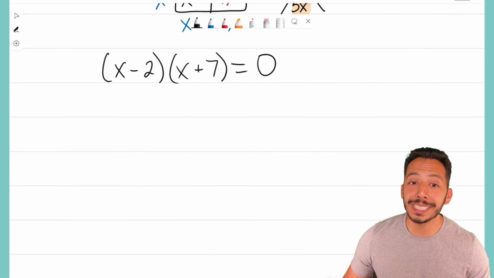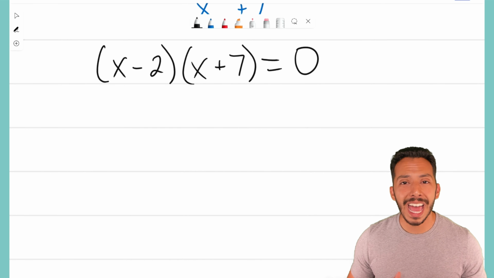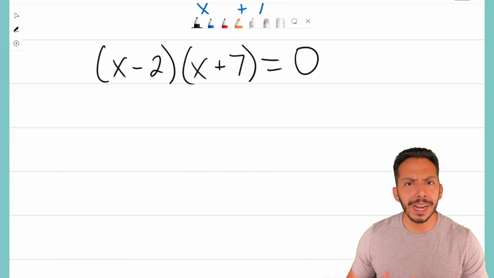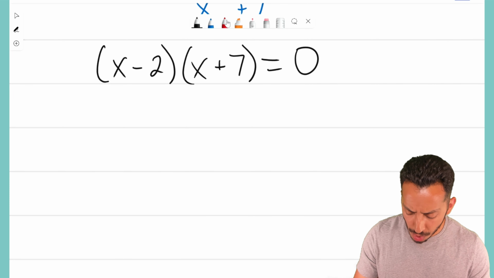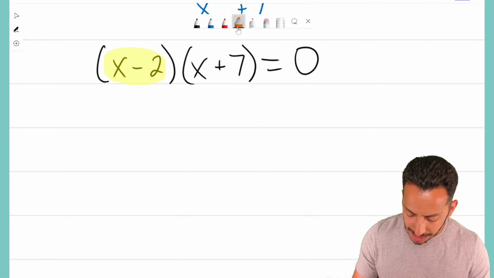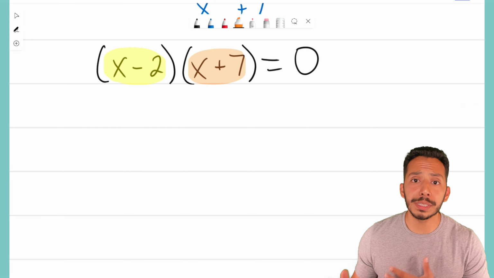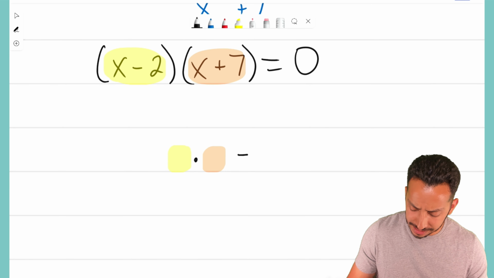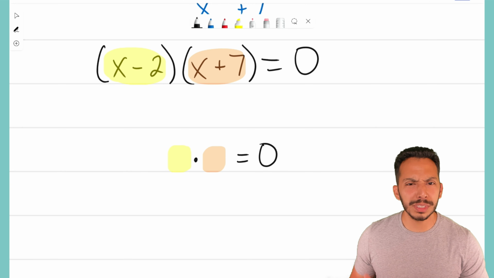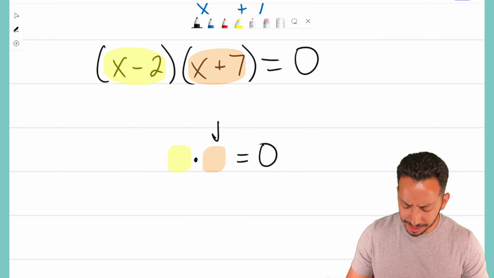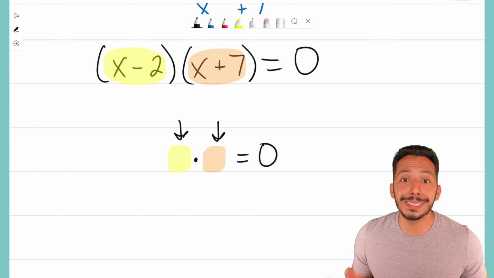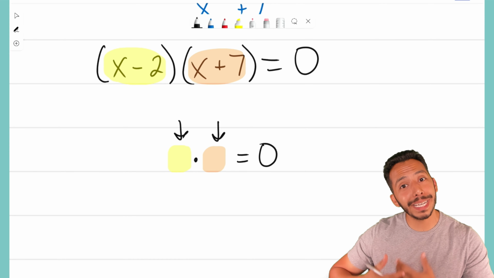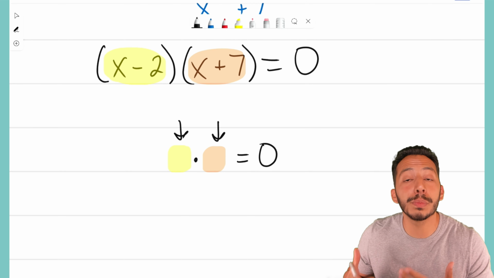The zero product property states that if I have two quantities that I'm multiplying together and they equal 0, then one of those two quantities must be 0, because you can't have something multiply to be 0 without one of those terms being 0.